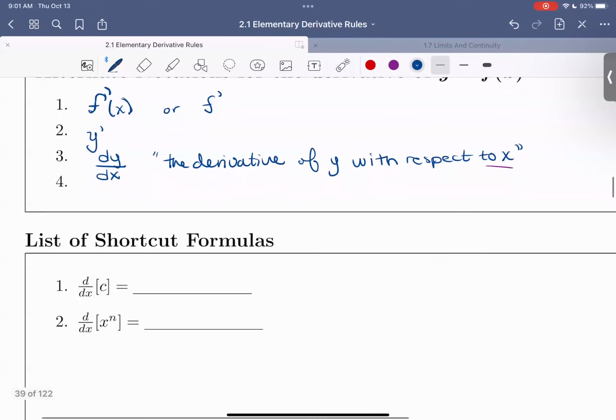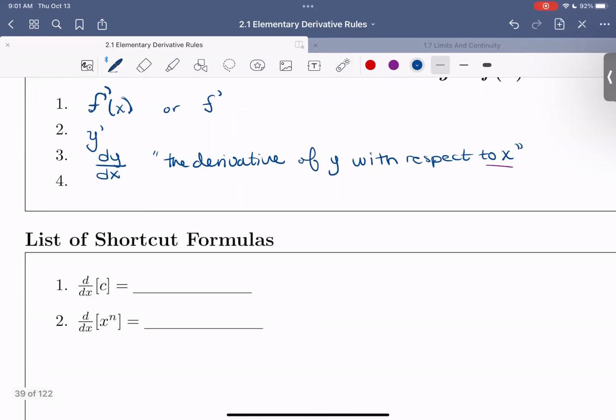And then the last bit of notation we might see for the derivative is just d over dx of f of x. And this is often said the derivative with respect to x of f. So it's a very similar idea to what we see up here, but now we're just notating that f of x function kind of on a separate level to emphasize that f of x is our original function.